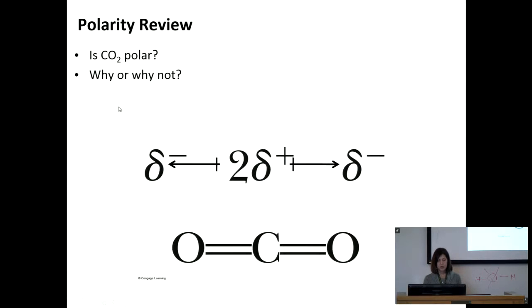All right, so carbon dioxide also has two bonds to oxygens. But is carbon dioxide polar? No. It's symmetric, right? So you have two equal and opposite vectors for dipole moment, and they cancel out.